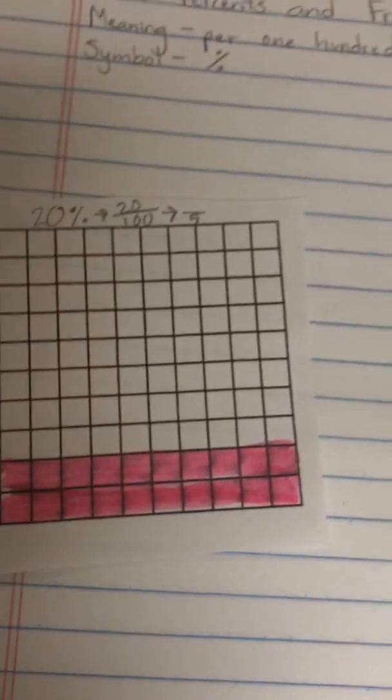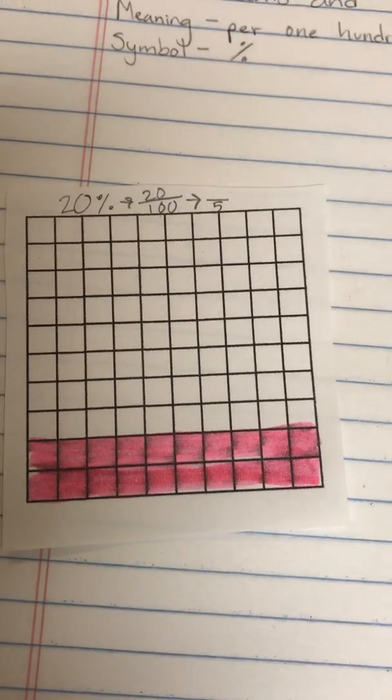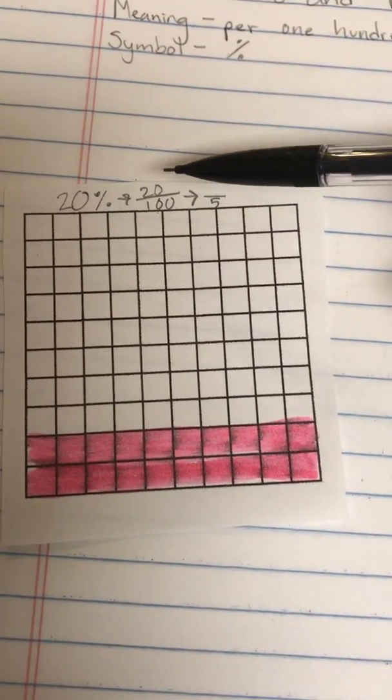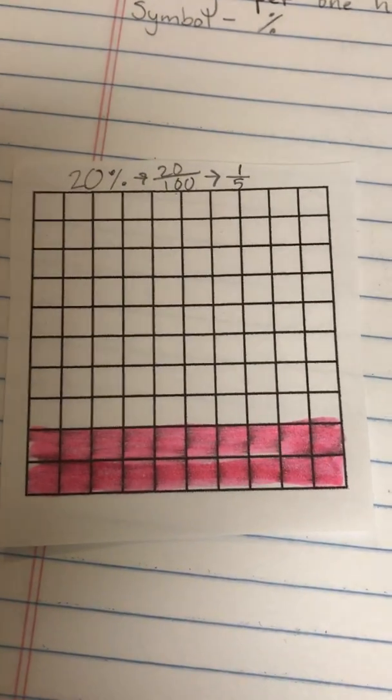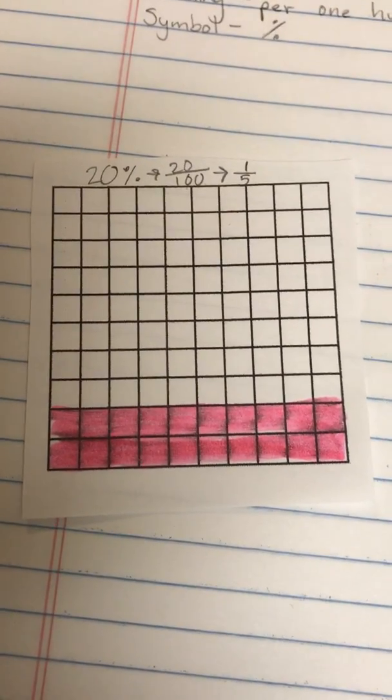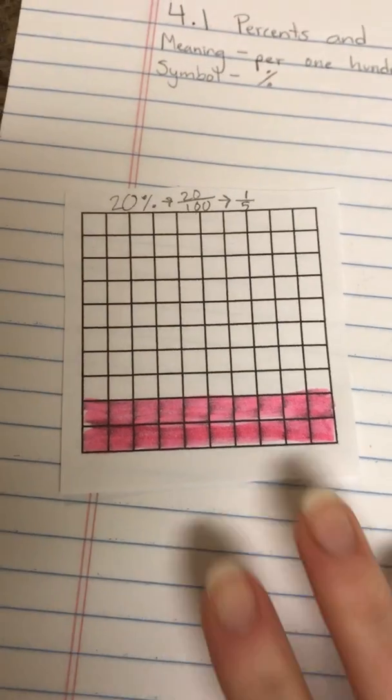Well, it takes 5 $20 bills to get to 100, all right? And we already have our 20 up here, so we know that's one $20 bill. So then we just simplified our fraction into 1/5, and that's our final answer. All right? Next, we're gonna go on to our next one.